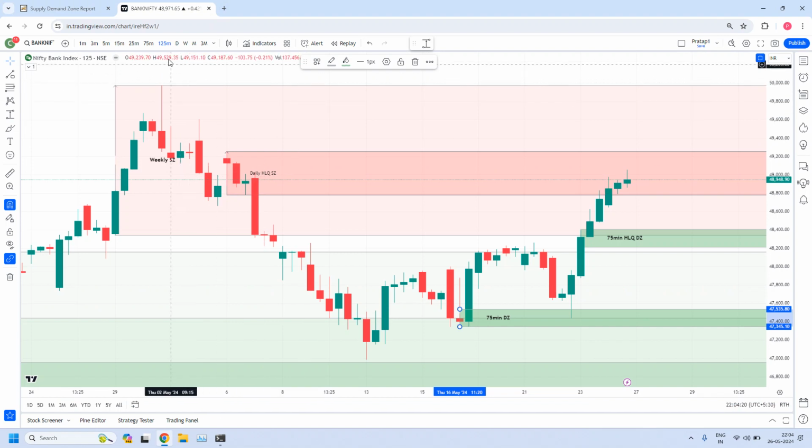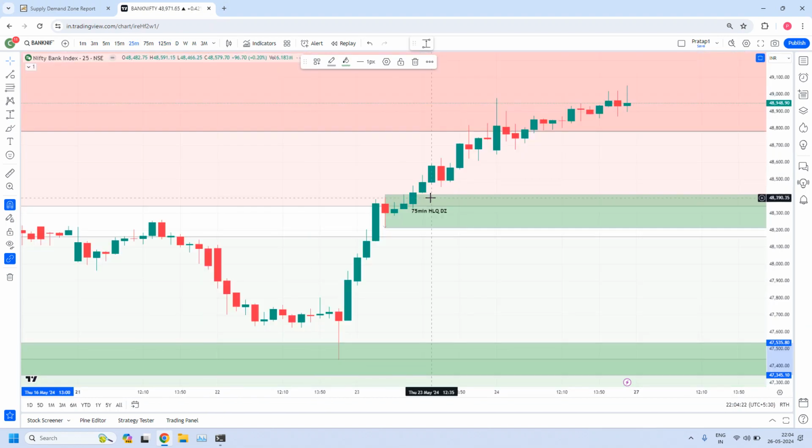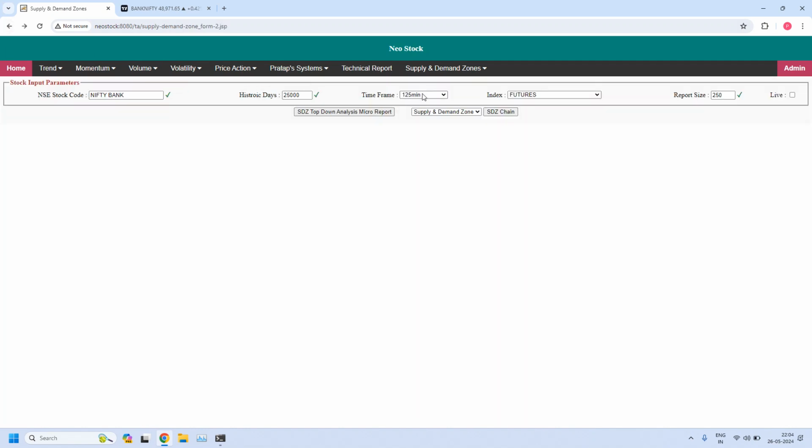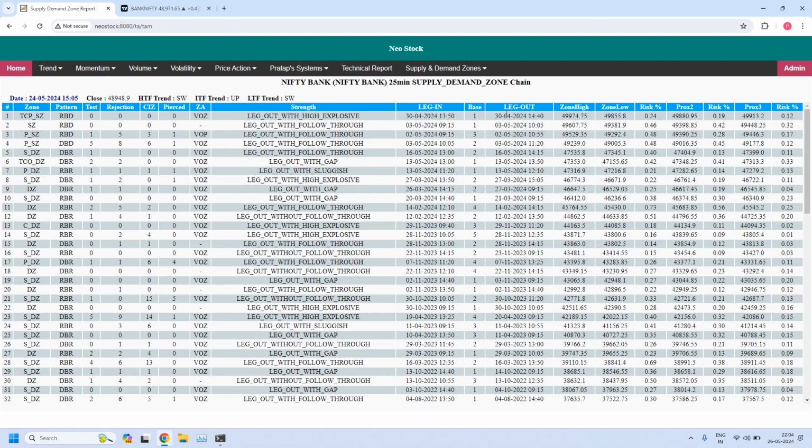So anyway, let's go to the 25 minutes time frame. Here I am changing the time frame to 25 minutes, generating the chain. Here we have one high liquidity supply zone in the 25 minutes time frame, and immediately one high liquidity demand zone is also there, already tested.